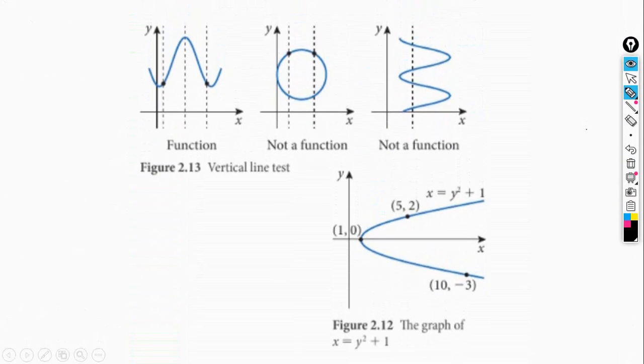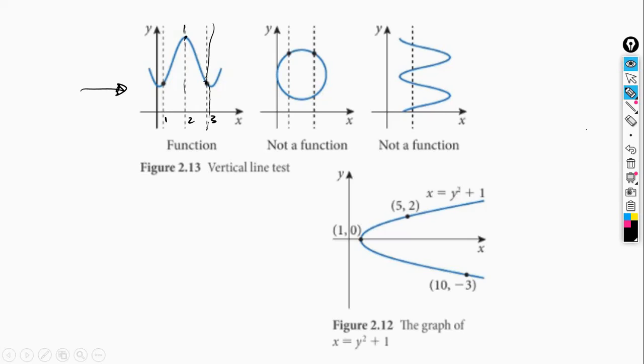So what does that mean graphically? Well, graphically speaking, a function would only have one output or one y for each x value. So let's suppose on this graph that we have here to the left, that we have 1, 2, and 3. Notice that if you draw vertical lines, the x value 3 maps to only one point on the graph for y. 2 also maps only to one point, as we can see here.